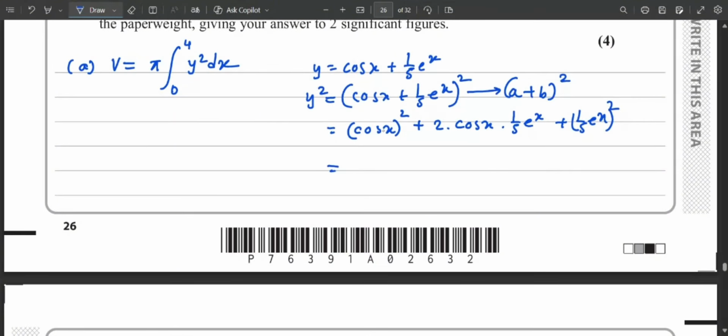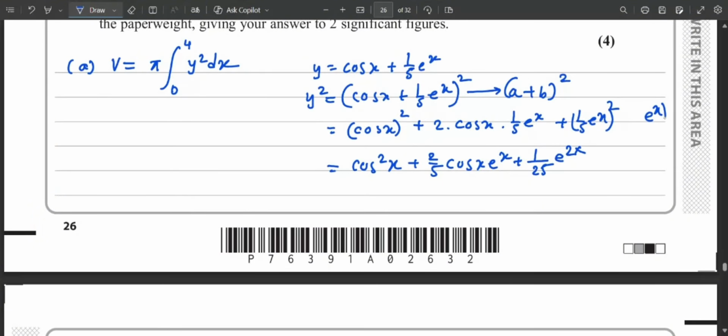So cos x squared is equal to cos square x, plus 2 cos x into 1 by 5 e to the power of x, which is 2 by 5 cos x e to the power of x, and 1 by 5 e to the power of x whole square is equal to 1 by 5 square into e to the power of x squared. So 1 by 5 square is equal to 1 by 25, and e to the power of x whole square is equal to e to the power of 2x.